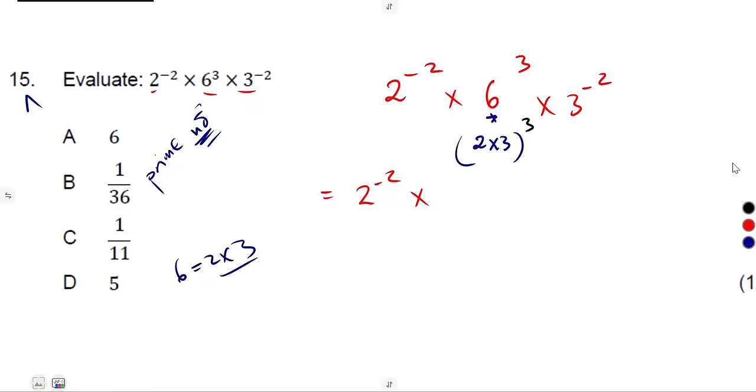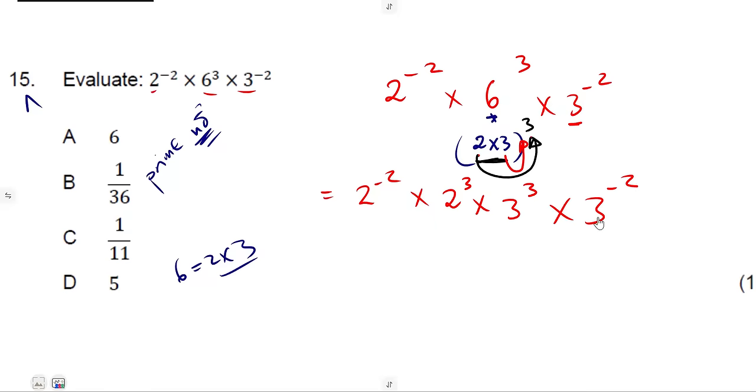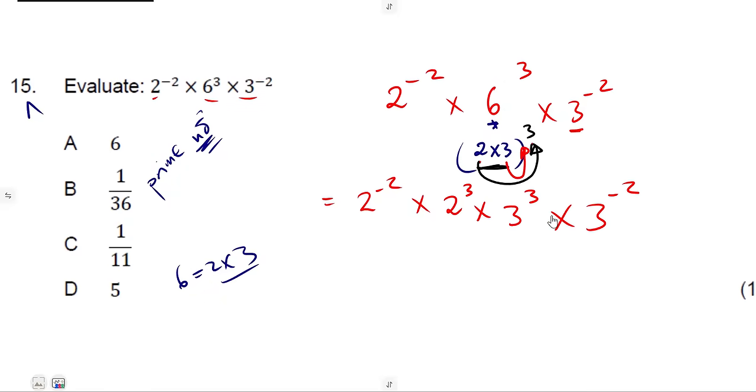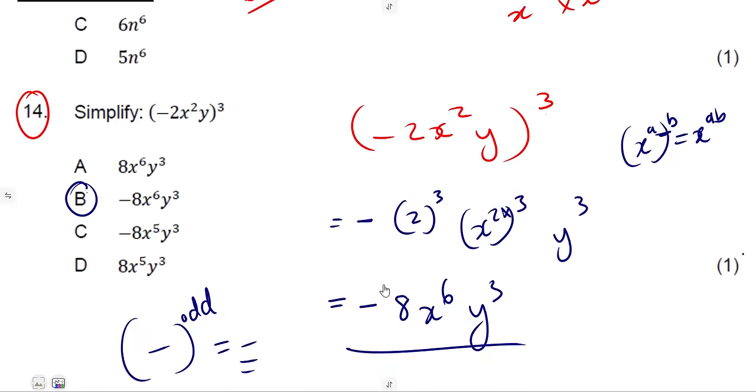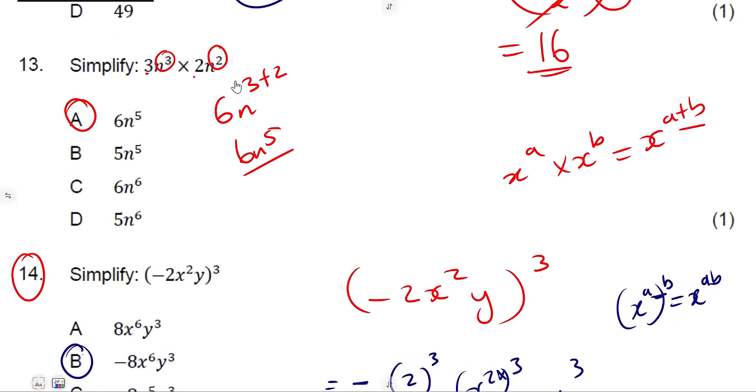So we are back to the condition that we had before where everything was raised to another exponent, and each will be raised to the exponent: 2 to the exponent of 3 times 3 also raised to the exponent of 3. All right, then there is this one at the end, 3 to the exponent of minus 2. We are back to what we had in the previous question where there is a product and the bases are the same.